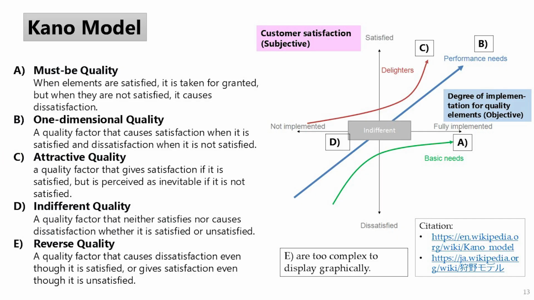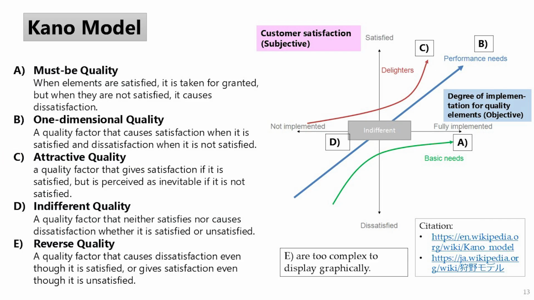Model C is called attractive quality, in which quality elements cause satisfaction when they are satisfied, but are perceived as acceptable even if they are not satisfied. As shown in Graph C, it has the characteristic of responding sensitively to the satisfaction of quality elements.